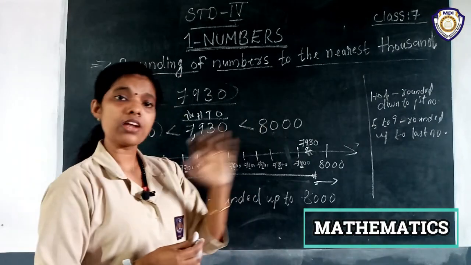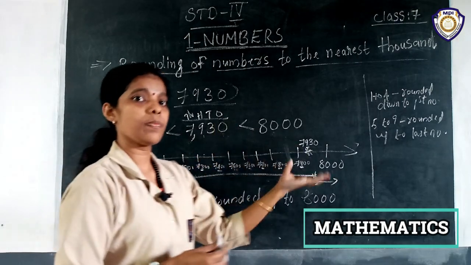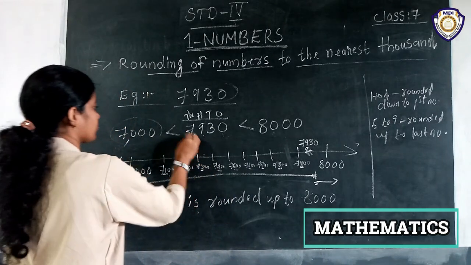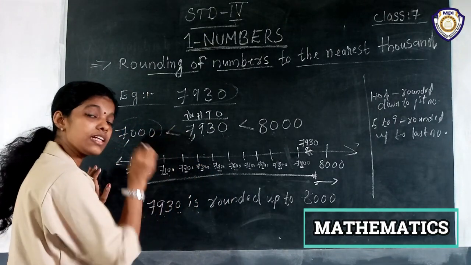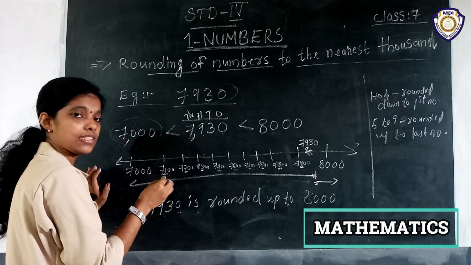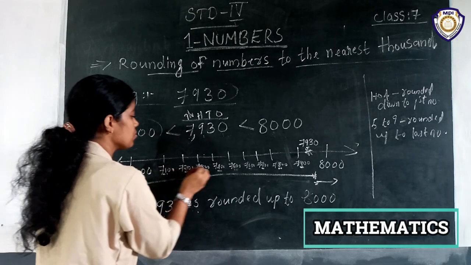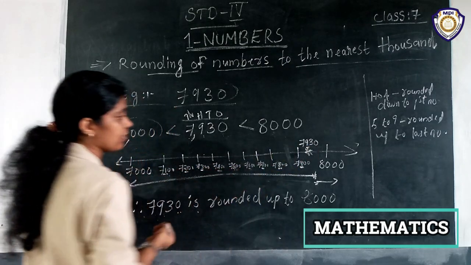Our condition: 1 to 4 numbers are rounded down to the first number. 5 to 9 numbers are rounded up to the last number. Consider the digit in the hundreds place: 1, 2, 3, 4, 5, 6, 7, 8 and 9.